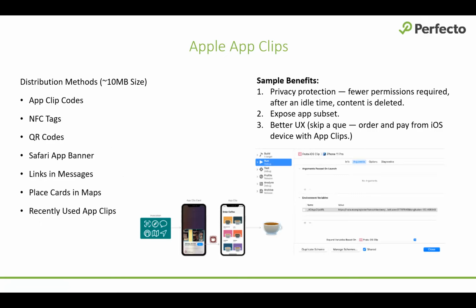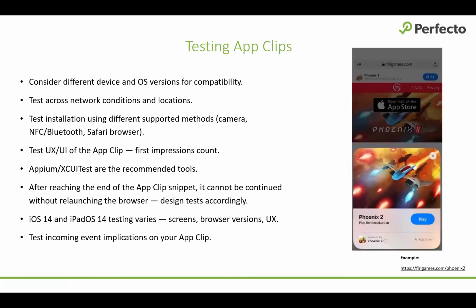So if you are an application developer, or an iOS application developer, suddenly you need to start considering different user flows to install the application on these devices, on top of the traditional App Store. And you can see here on the screen just a few things to consider when testing app clips: the different operating systems and devices, the network configurations, the browser that you are using to install these app clips, and the automation.